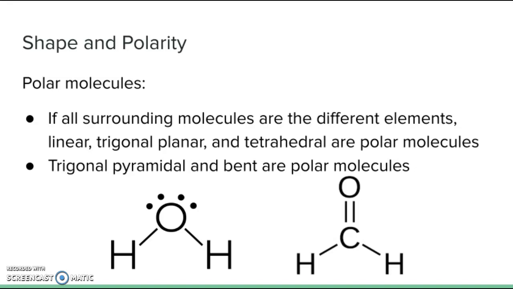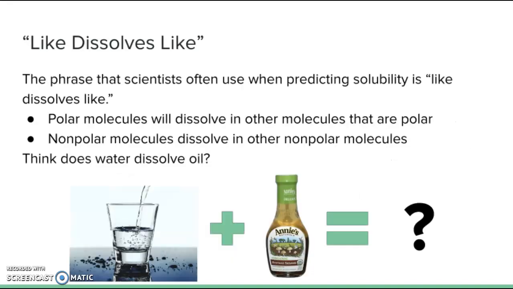The reason why it's important to know if a molecule is polar or nonpolar is it helps us determine some of the chemical reactions that are going to occur. If you have heard of "like dissolves like" before, it talks about how similar elements and molecules can dissolve certain elements and molecules.